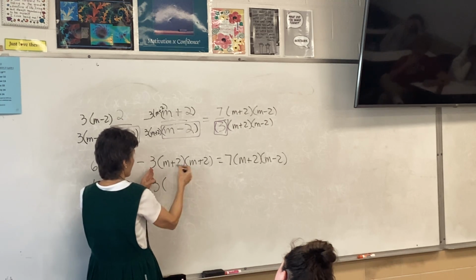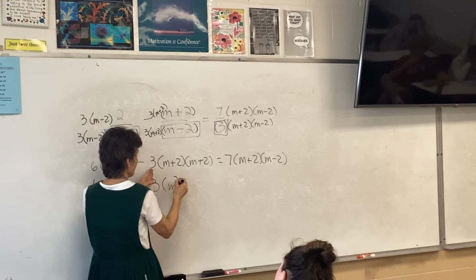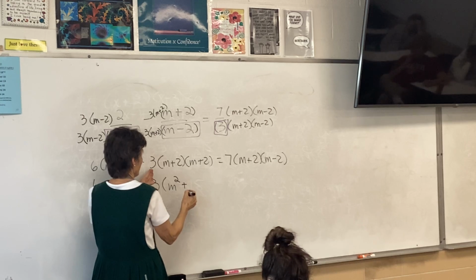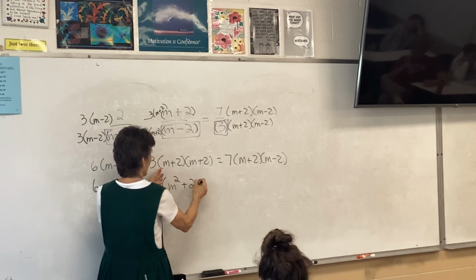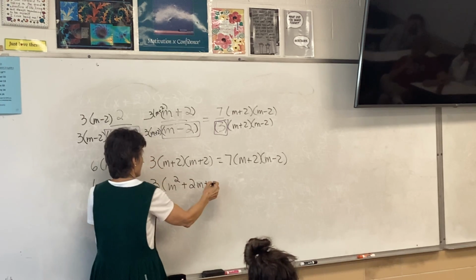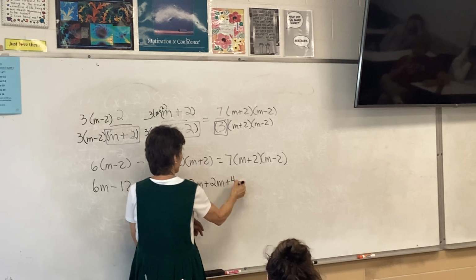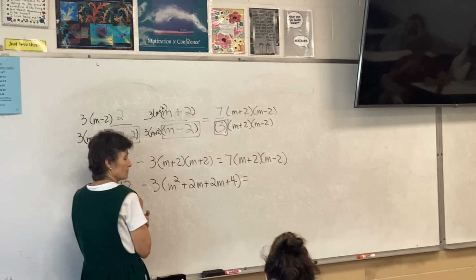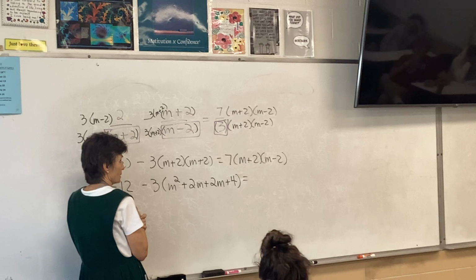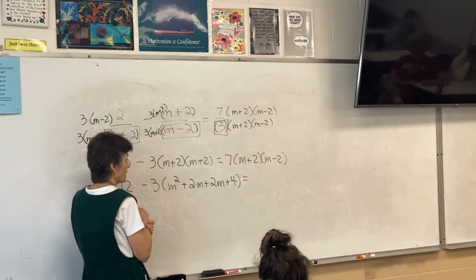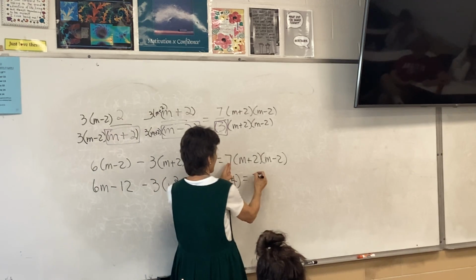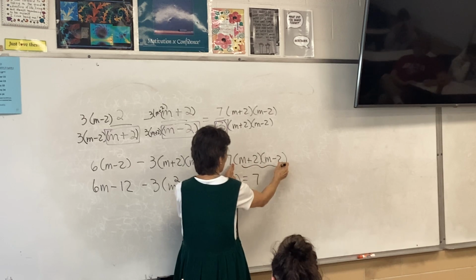So what do I get when I FOIL these 2? I get m squared plus 2m plus 2m plus 4. I'll come back and distribute that. And then here I'm going to do the same thing. I'm going to have my 7, now I'm going to FOIL these.